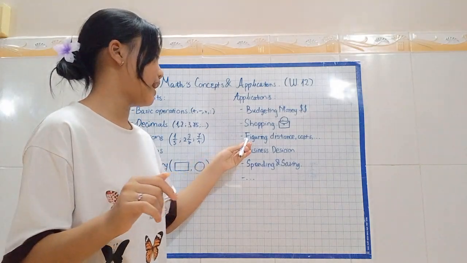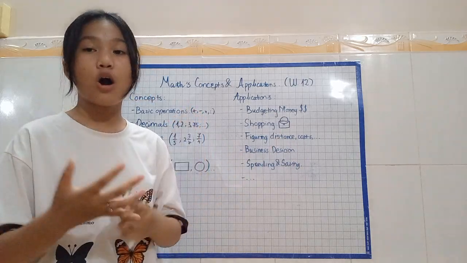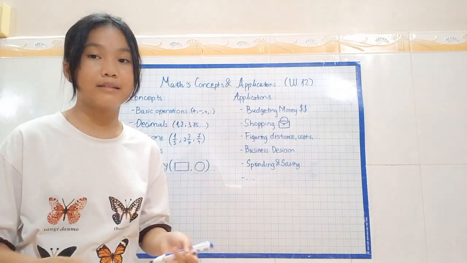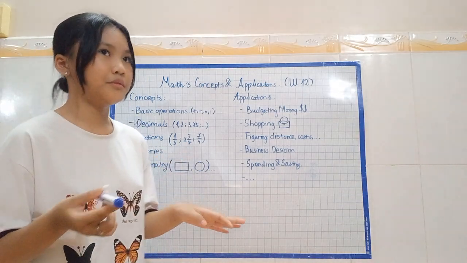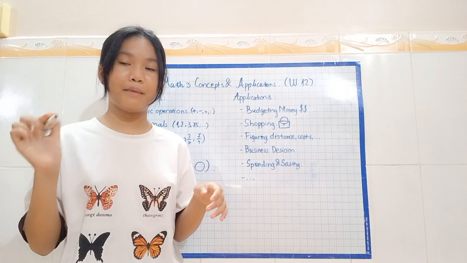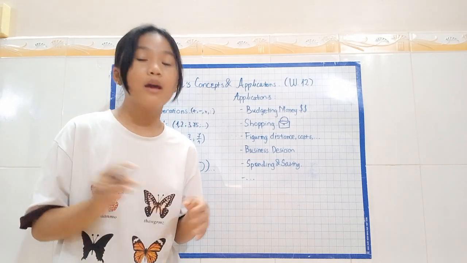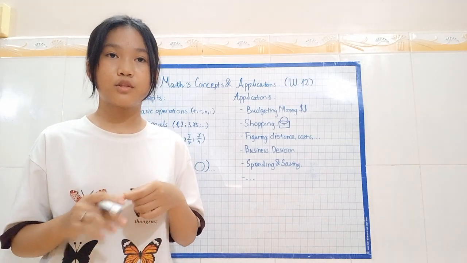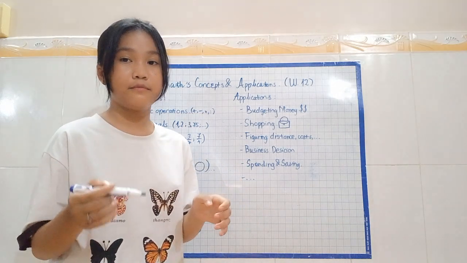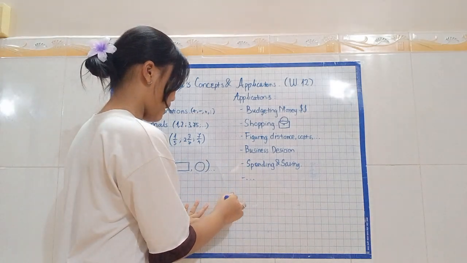Yeah. Next we have figuring distance, cost, or time of travel plans. So imagine sometimes when you're traveling by plane from maybe Vietnam to Japan, it will maybe cost like 2 million Vietnamese dong. Let me write it down.